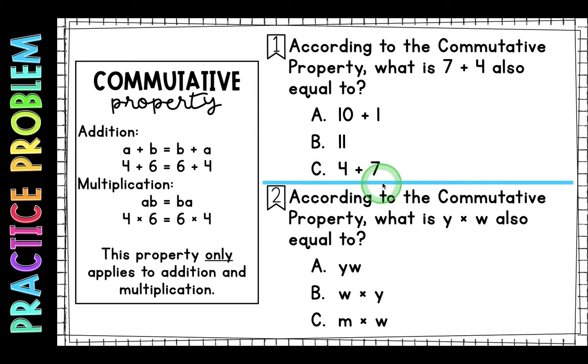So you should have chosen C, or 4 plus 7 for this one. Down here, if we have y times w, remember, commutative property says order doesn't matter, so we can switch those around. So the correct answer would actually be w times y. And it doesn't matter what values we put in for y and w in these, they would still be equal.